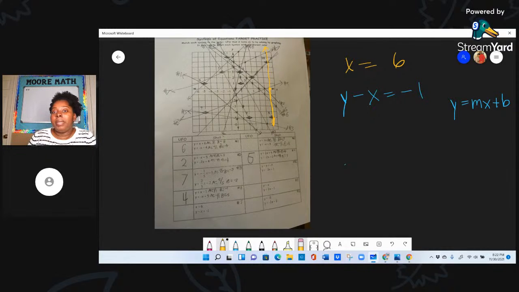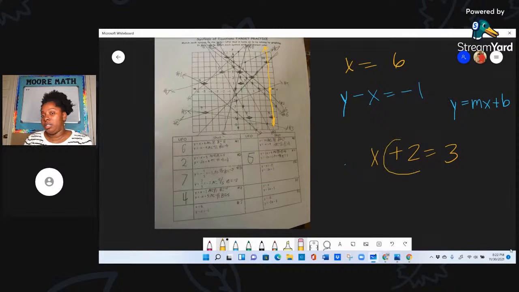How have we eliminated it when it was like x plus 2 equals 3? How do we get rid of this 2? We multiply. We don't multiply. So if it said x plus 2 equals 3, how do I solve for x? What's the opposite of addition?